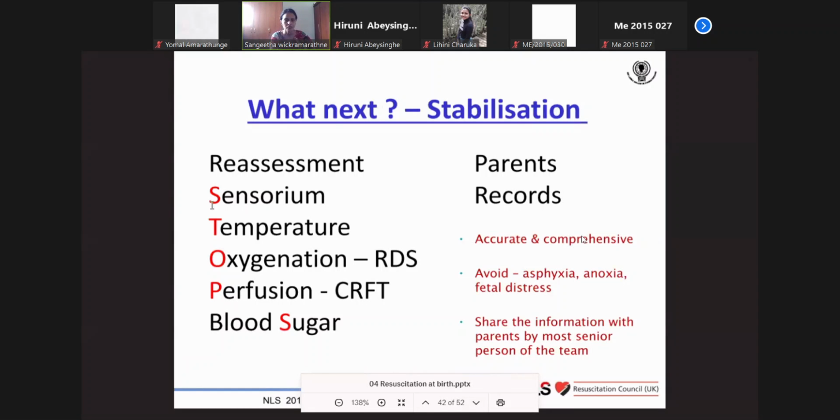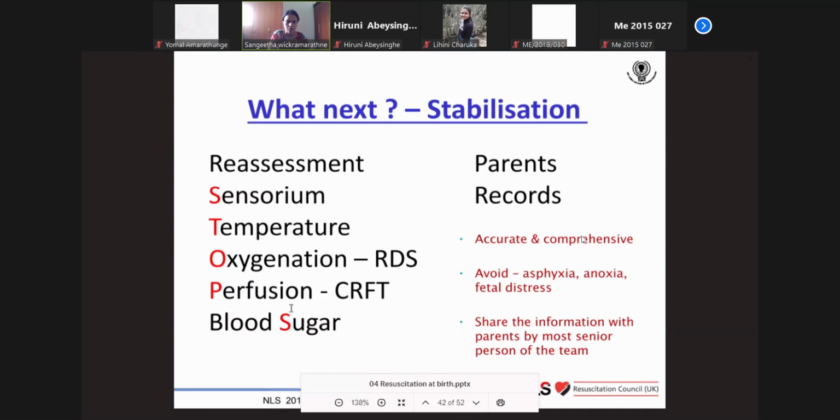One is the sensorium, the baby's activity, crying, and the temperature of the baby, 36.5 to 37.5, which should be normothermia. And oxygenation, you can assess with the saturation monitor. And the perfusion, you have to look for CRFT, but pulse volume you might not feel in newborn babies because they are hypothermic and hypovolemic. You might not feel it, but perfusion you can check with CRFT over the sternum. You know how to check CRFT, right?